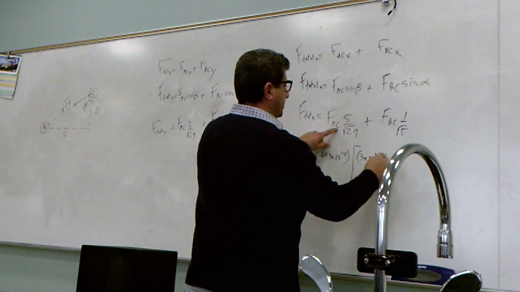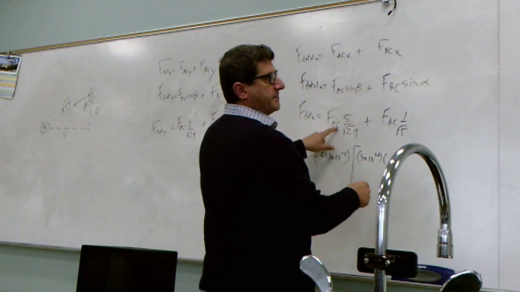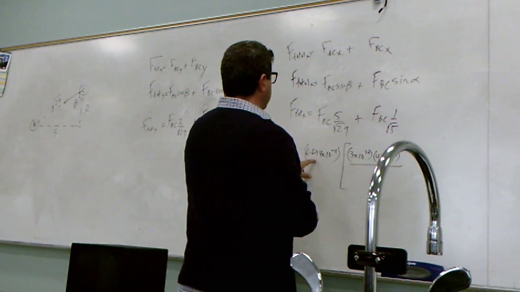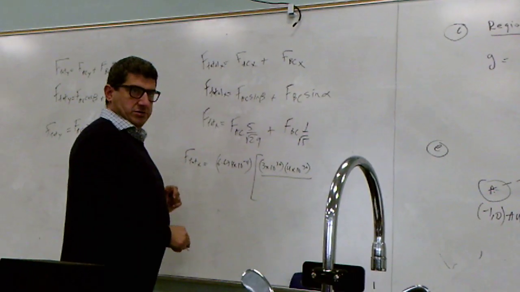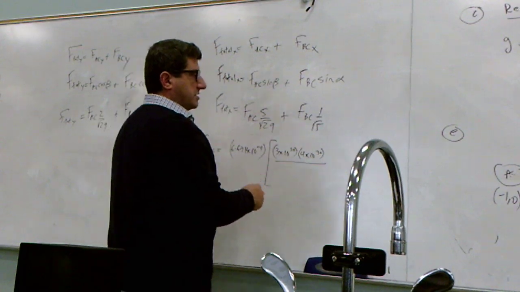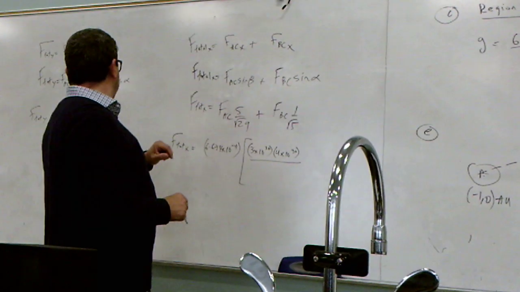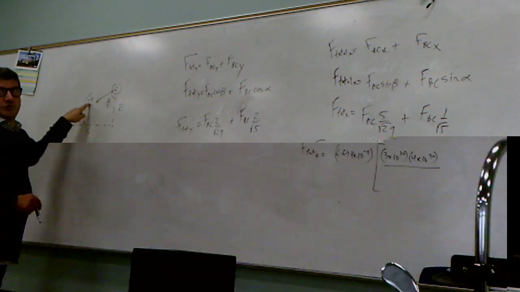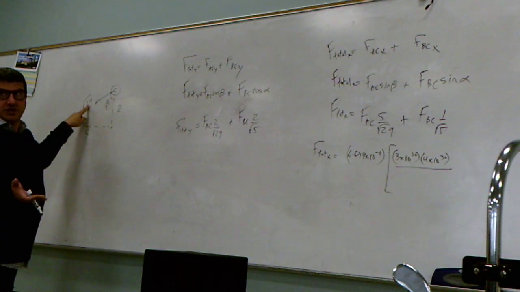Mass of star C, which is going to be what? 4 times 10 to the 30th. Divided by the distance squared, right? The distance is going to be FAC, so it's going to be this distance squared. So square root of 29 squared, which is just 29.